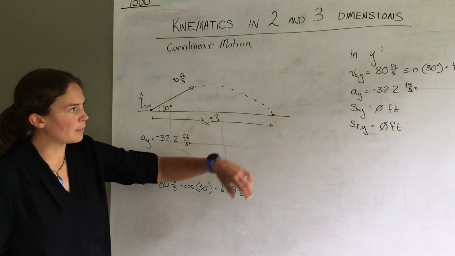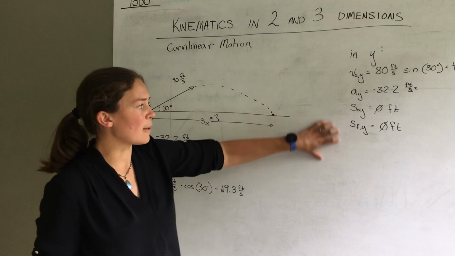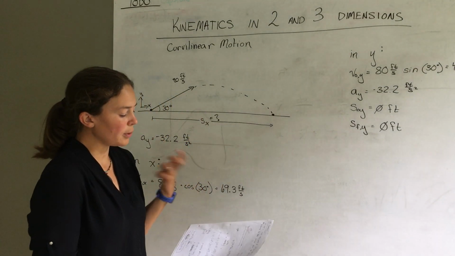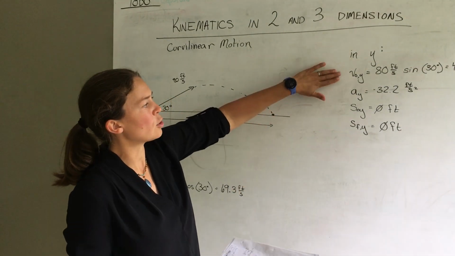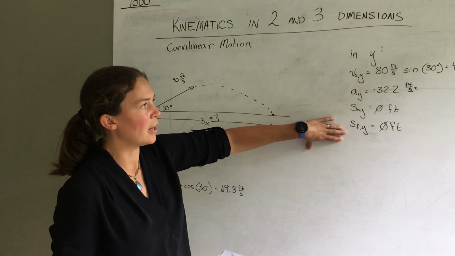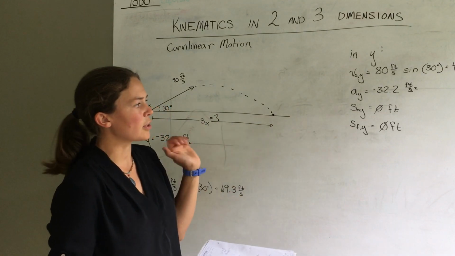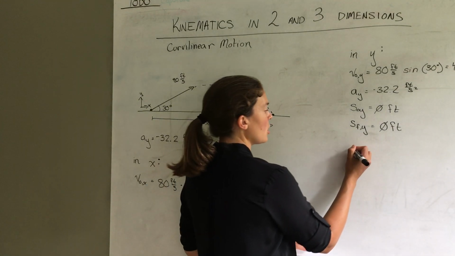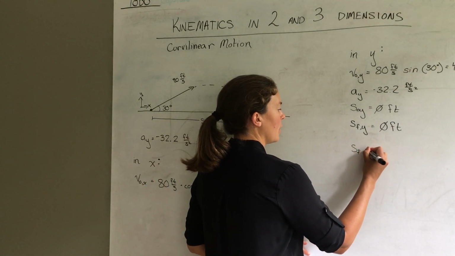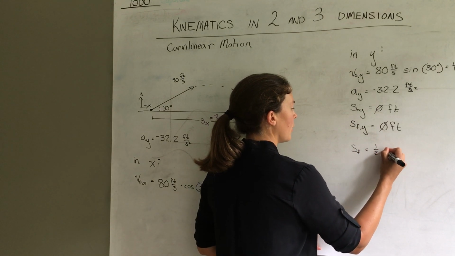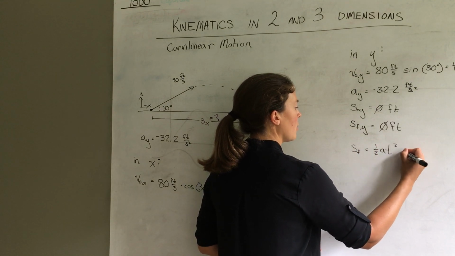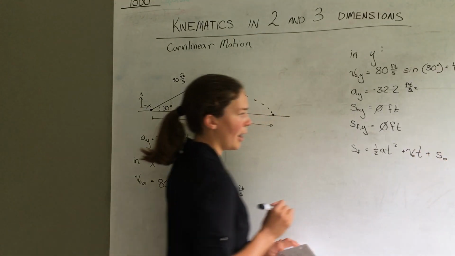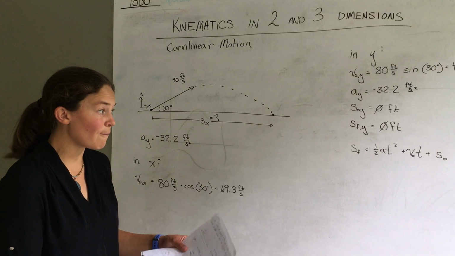That's because it's going to come back and hit the ground. Using these things, if I look at my kinematics equations, there's a really helpful kinematic equation that has initial velocity, acceleration, position, and time. If we can figure out the time, I think that will help us in the x direction. That equation is s_f equals 1/2 a t squared plus v naught t plus s naught, and I know everything in that equation except for time.